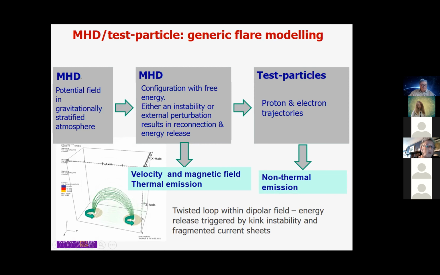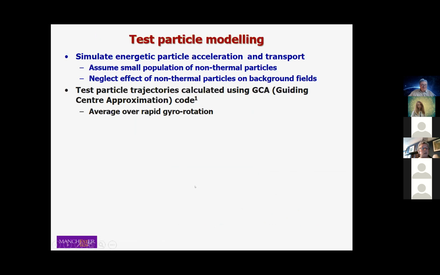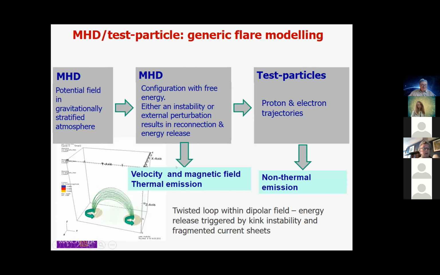And so we start with an MHD model, we build up free energy until there's some kind of instability generating reconnection. So from MHD, we can predict the thermal emission as we model the velocity and the magnetic field, also the temperature and density, the MHD variables.